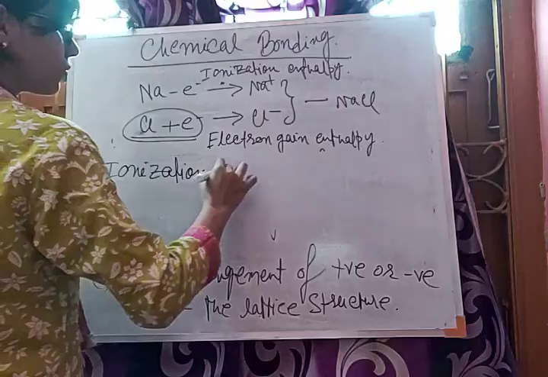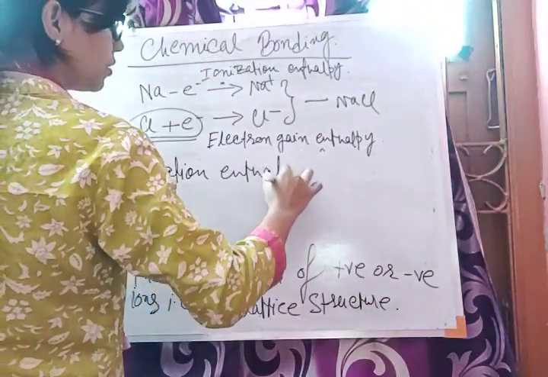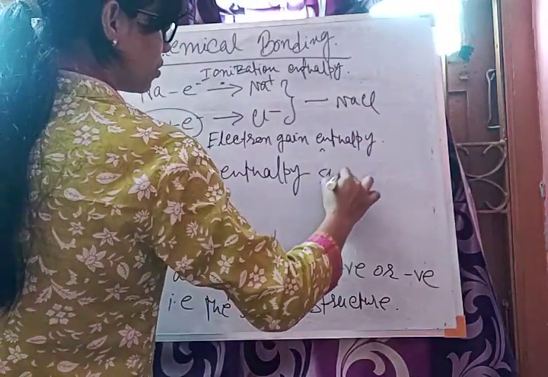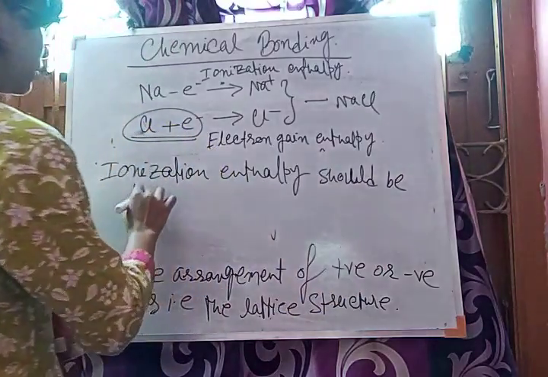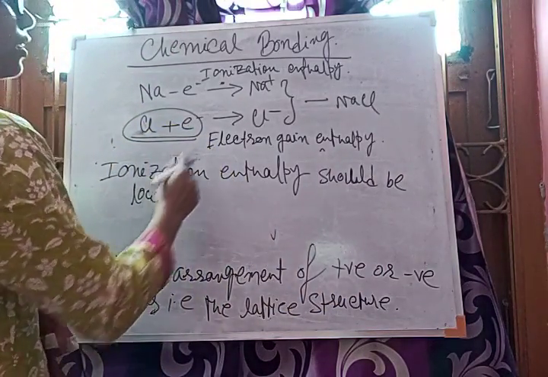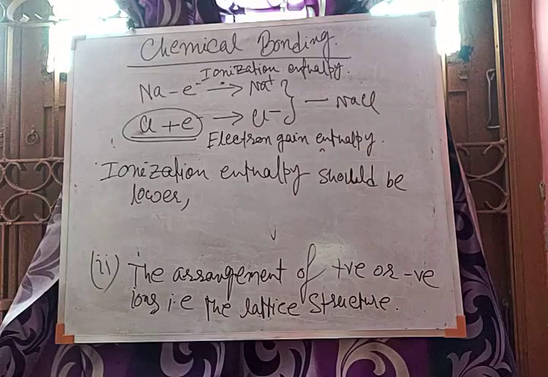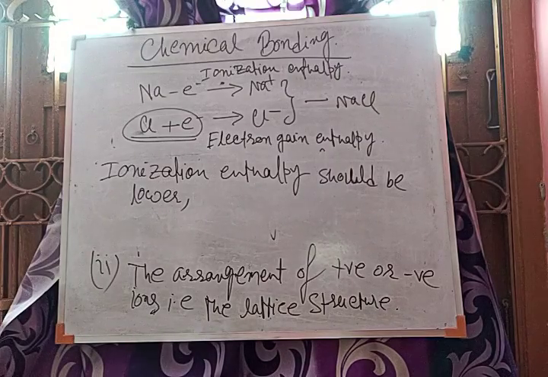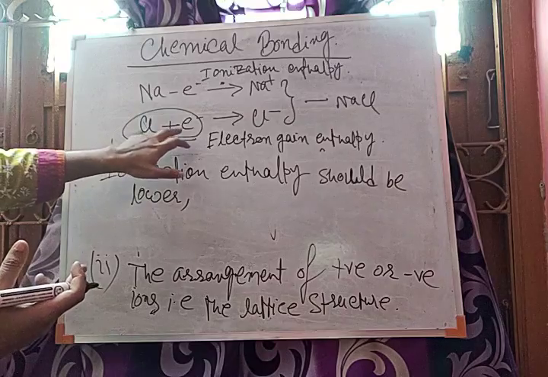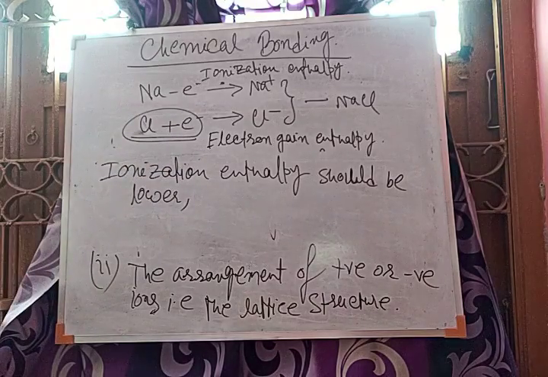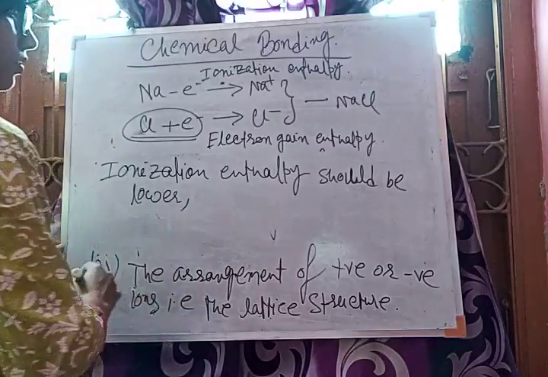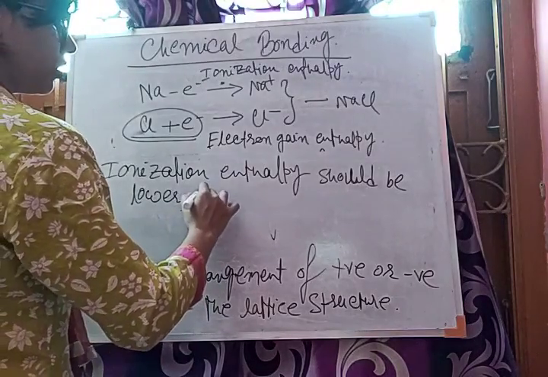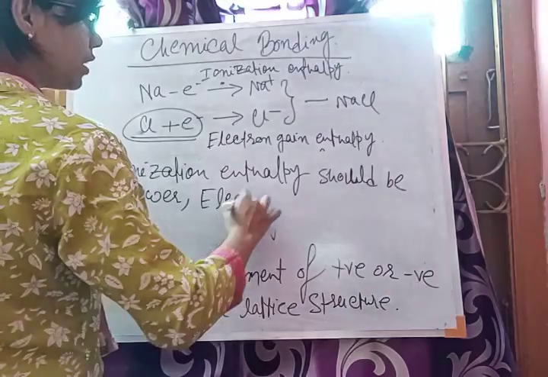Ionization enthalpy should be lower, and electron gain enthalpy, that is the energy released after gaining the electron, should be higher. The energy released by the acceptance of this electron is known as electron gain enthalpy, and that will be of a higher amount.